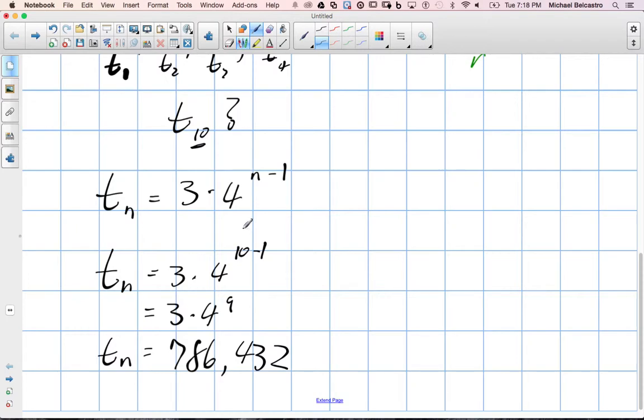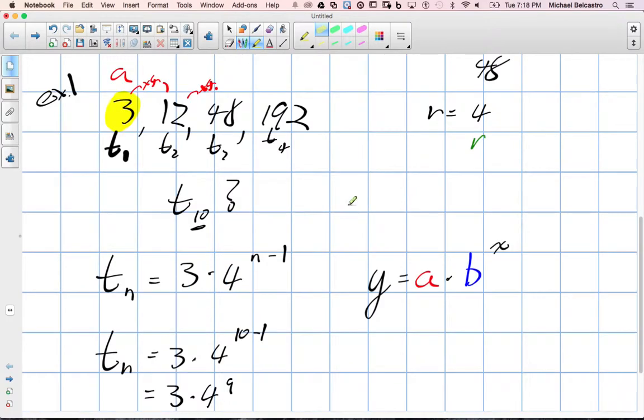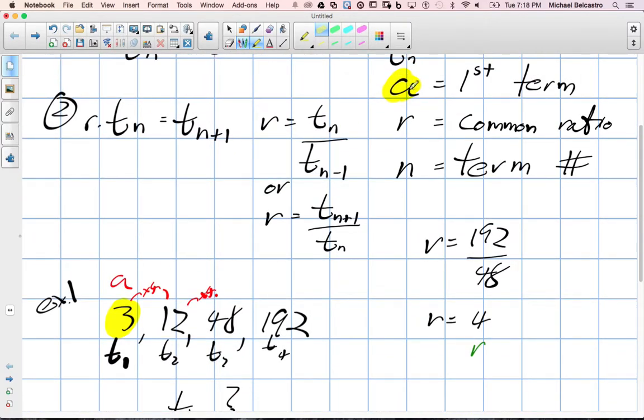Kind of looks decent. But really what this is, and you've actually worked with this, is exponential functions. Exponential functions are usually written in the form y is equal to a times b to the power of x. They use the exact same first letter. The first term is a.